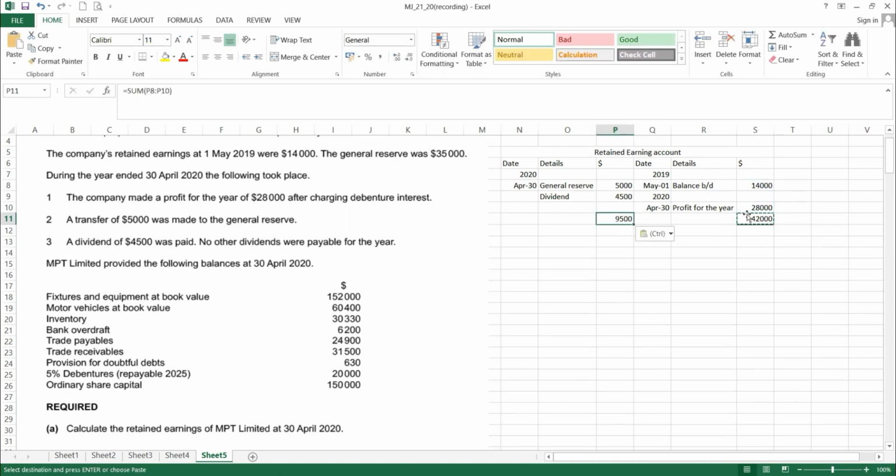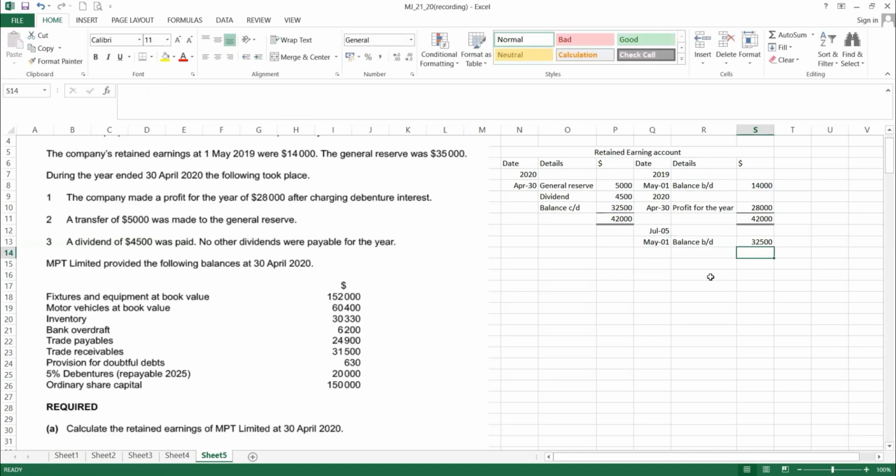Okay, so credit side is more than the debit, that means our balance carried out will be on the debit side. So take the credit minus the debit, 32,500. So 2020, May 1st, balance brought down.